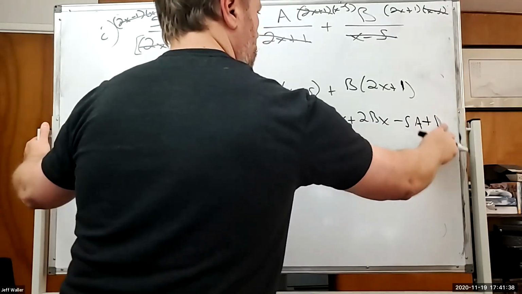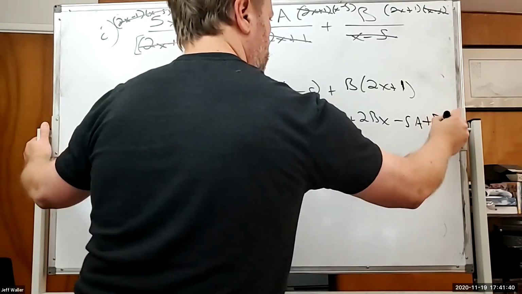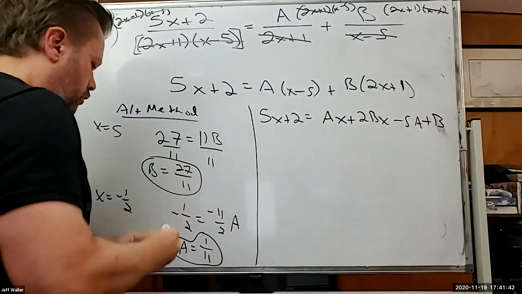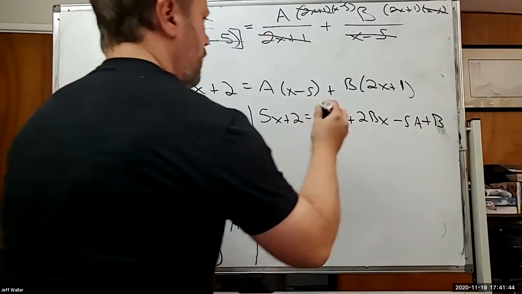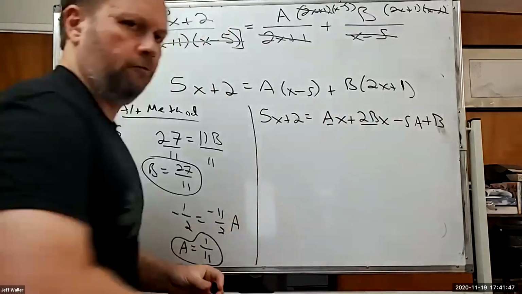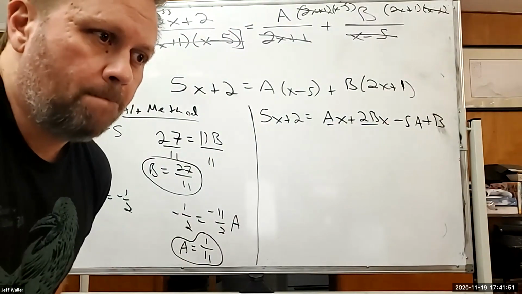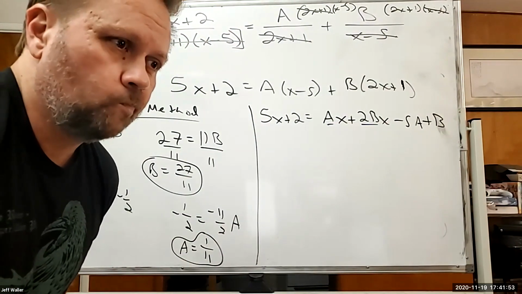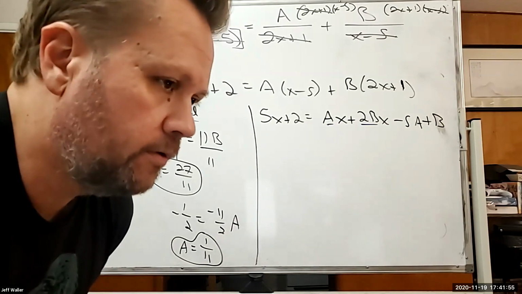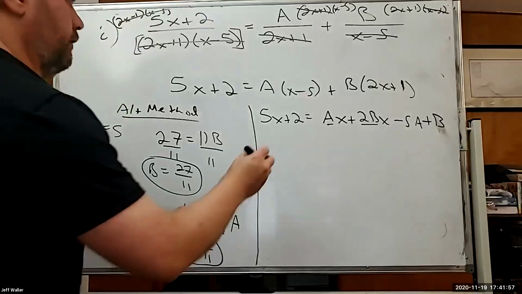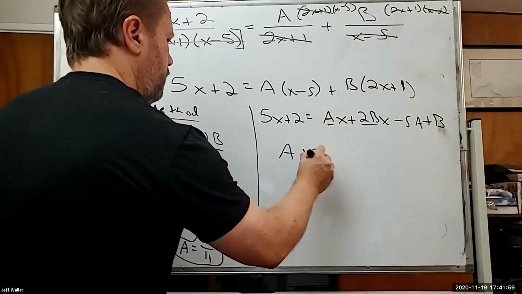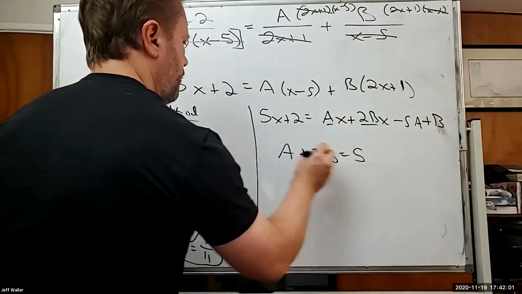Good Lord. So what must a plus 2b be? What must a plus 2b be? 5. 5, exactly. I like it. So a plus 2b must be 5.